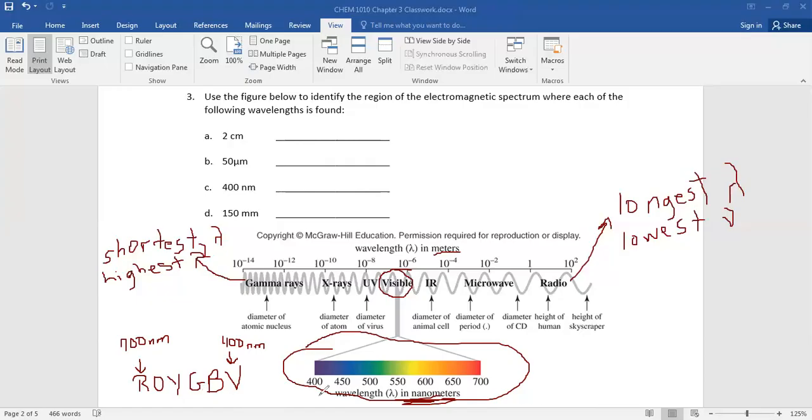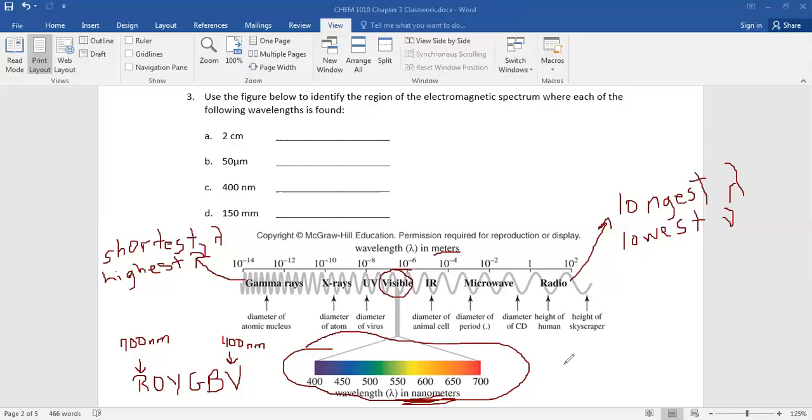Blue comes in at about 450. Green is between 500 and 550. Yellow is about 560 to 600. Orange is about 650. And then red, of course, is that 700 area, between 675 and 700. And so those are the different wavelengths in nanometers for all the different colors of visible light.